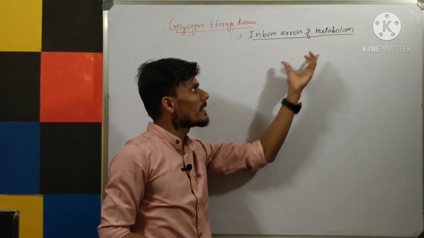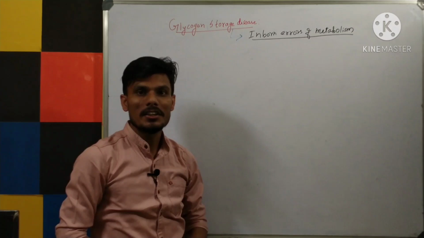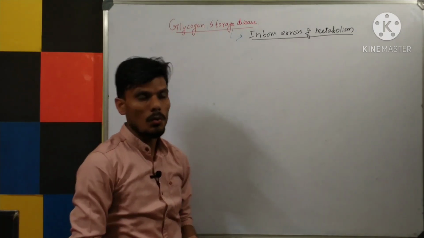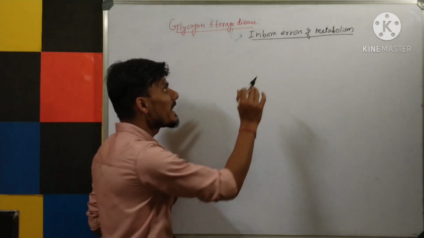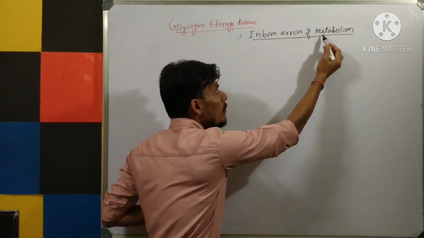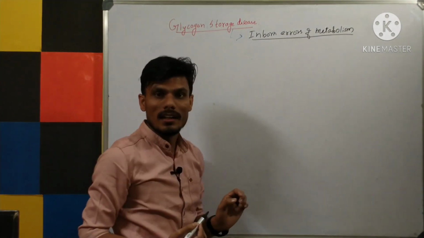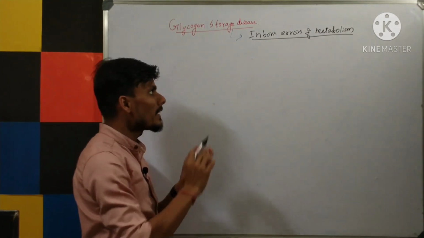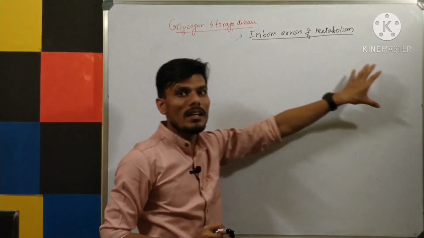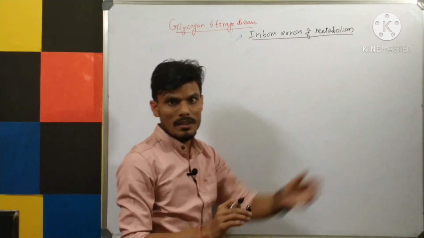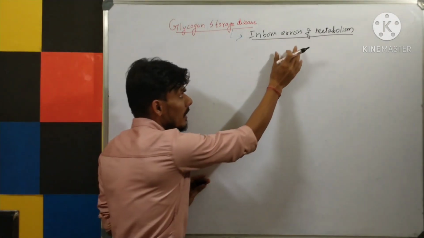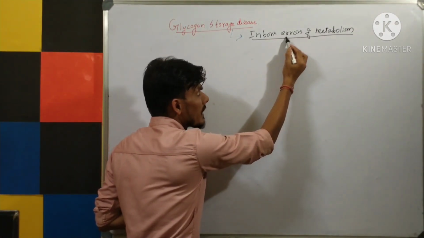of metabolism, is a biochemically distinct group of disorders which occur due to a genetic defect in the metabolism of carbohydrates, proteins, and lipids. When there is a defect in the metabolism, that will result in the accumulation of the metabolite. Error means there is a defect, right?